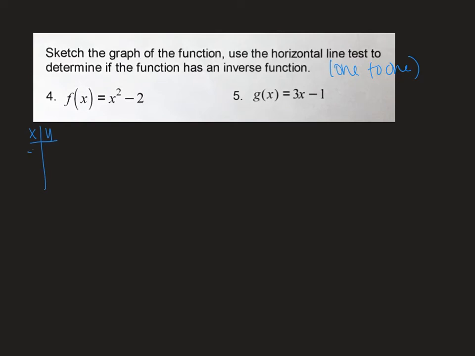Either is fine. So for number 4, if we make a table, -2 squared is 4, minus 2 is 2, -1 squared is 1, minus 2 is -1, 0 squared is 0, minus 2 is -2, 1 squared minus 2 is -1, 2 squared minus 2 is 2.